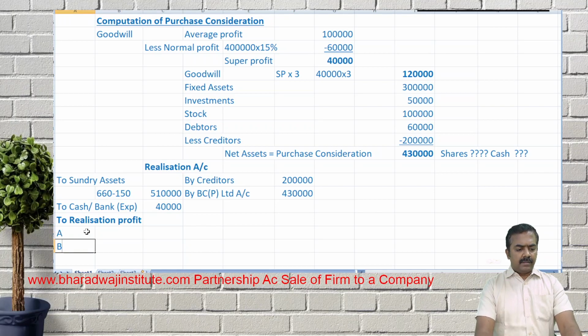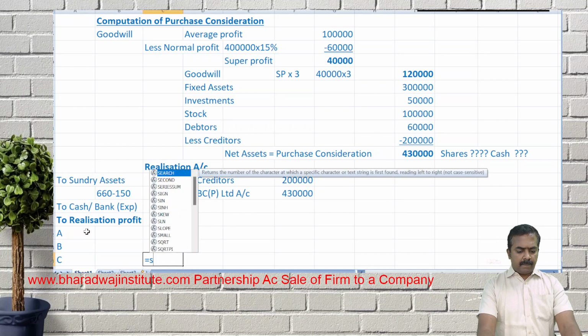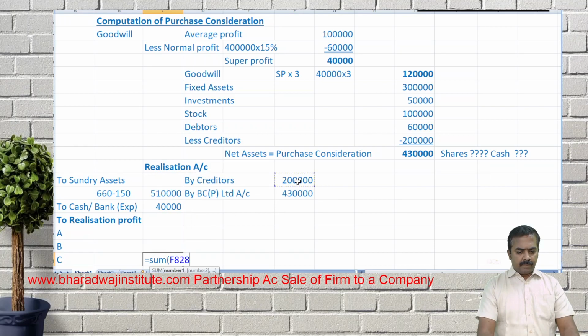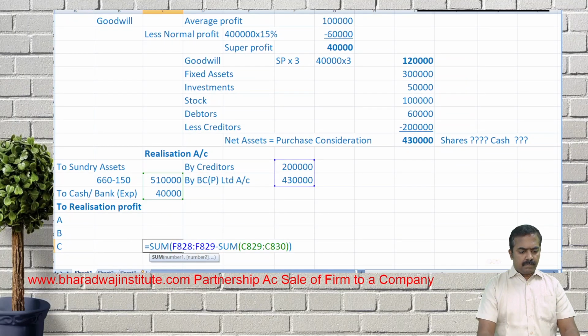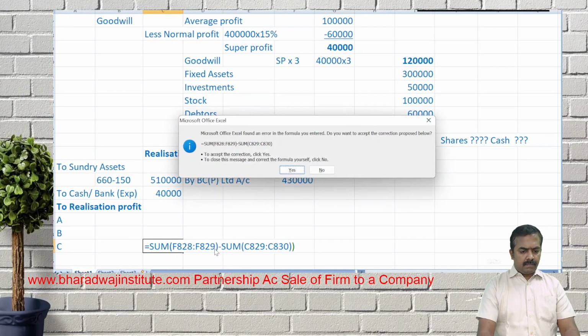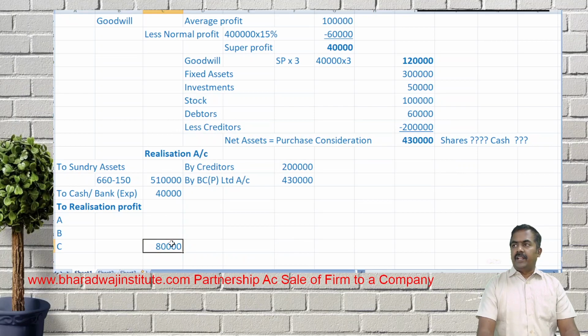A, B, C. What is the profit? 80,000. How will it be shared? In the ratio 2:1:1. 40,000, 20,000, 20,000.